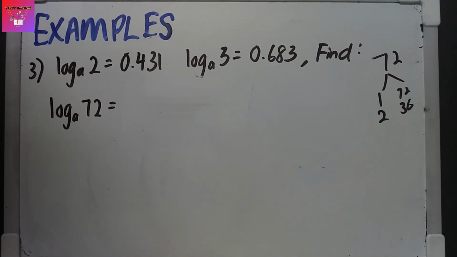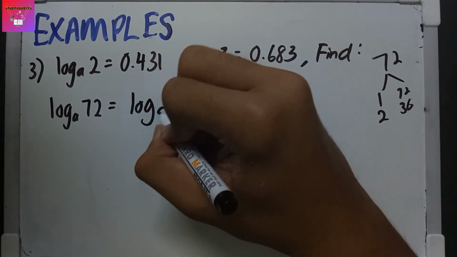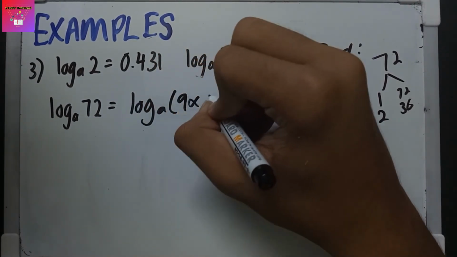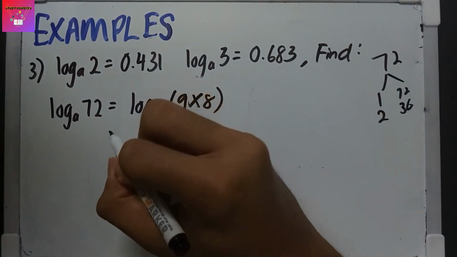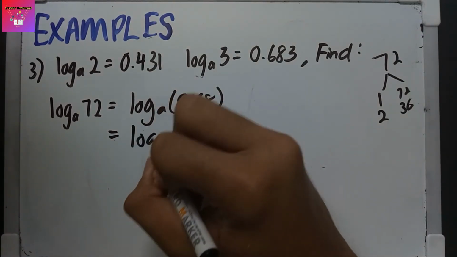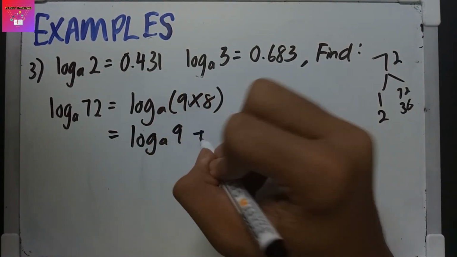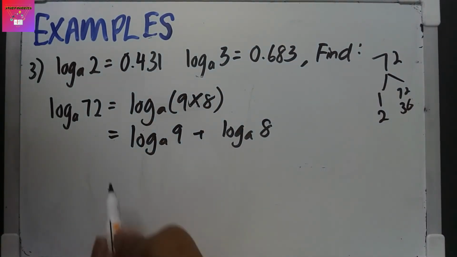From what I did, I got log₃ of 9 times 8. Once I get 9 times 8, I would like to split this into two separate logs. So log₃9 plus log₃8.